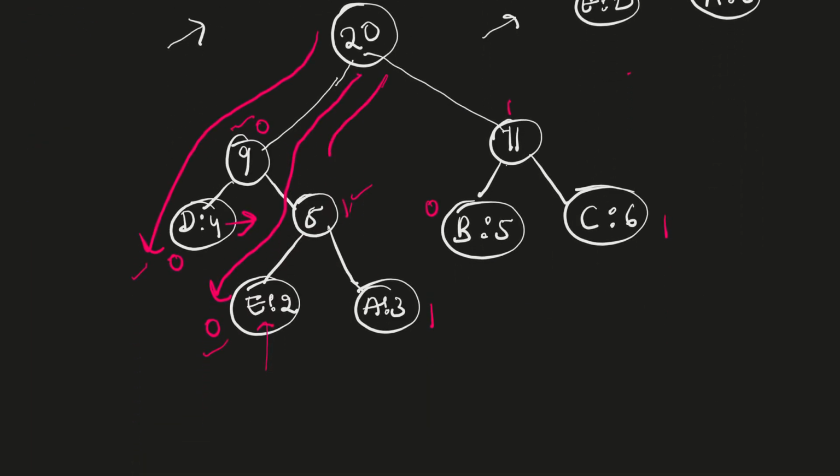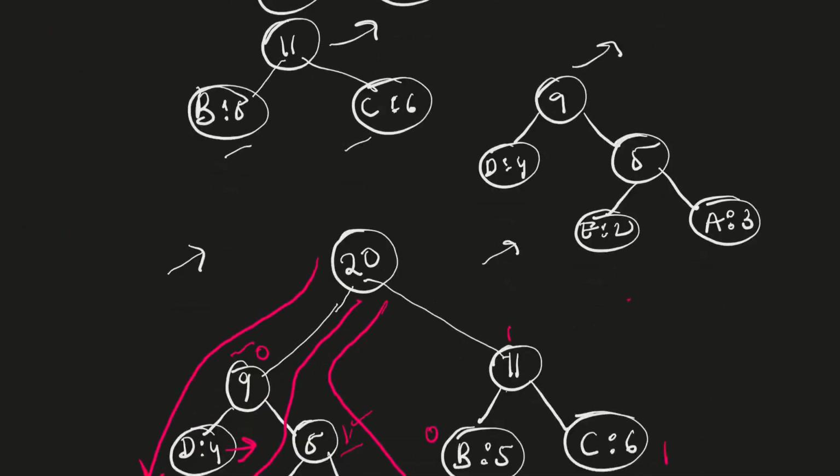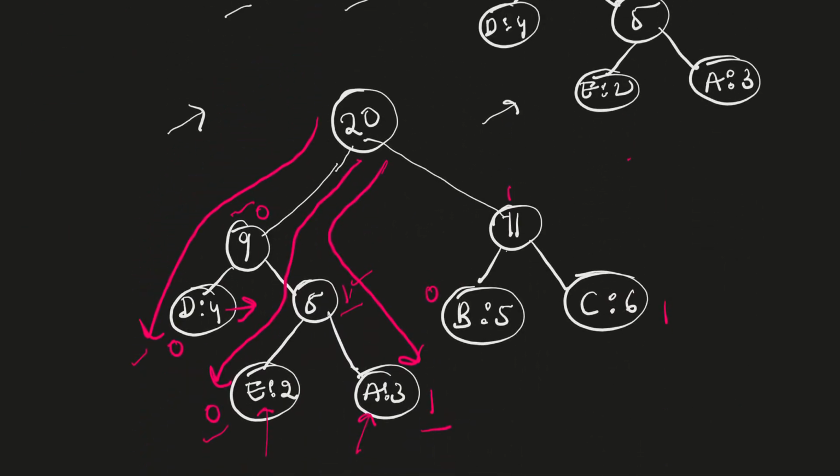Now the next way is this. Now you will get the encoding part for A, that is 1 and 1. So for A we are having 1 and 1. Now if we travel in this way, we will get for B, and that is 1 and 0 because 11 is having 1 and B is having 0.